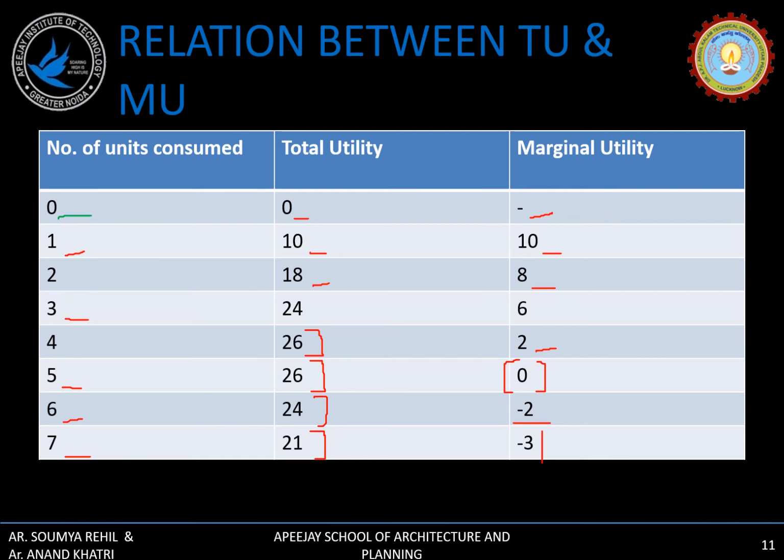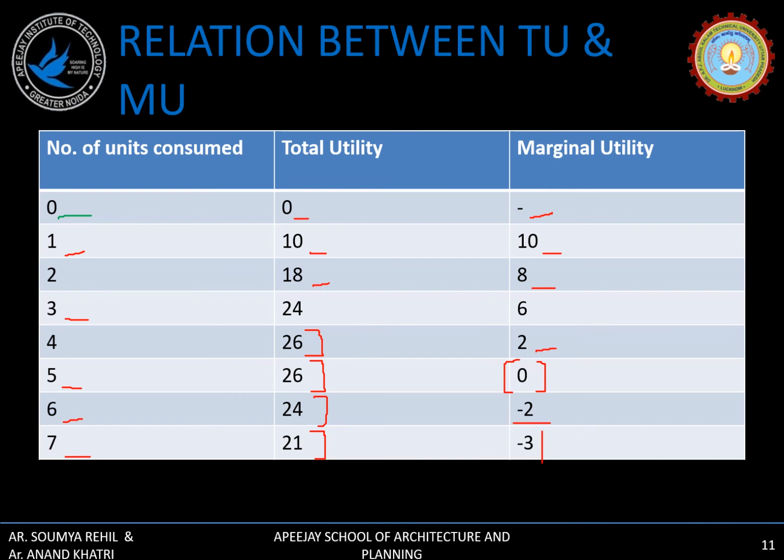See how total utility has 10 at first, which is your initial utility, and then it goes on increasing as long as the marginal utility is positive. But as the marginal utility becomes 0, your total utility remains constant. And as your marginal utility becomes negative, your total utility starts to reduce. So, when your marginal utility is at 0, your total utility is at its highest peak.